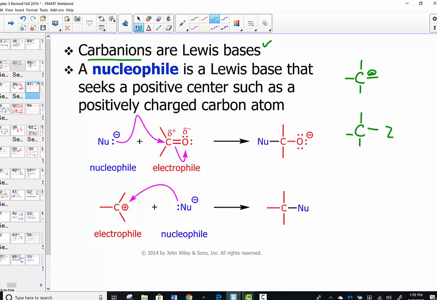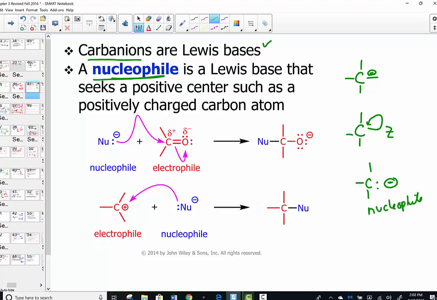If we had the structure Z, if you will, the electrons collapsed, giving carbon an electron-rich area with a negative charge. Well, if this is negative, it's going to be seeking a positive center. So therefore, its vocabulary word is called a nucleophile.